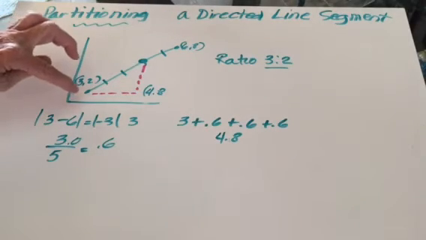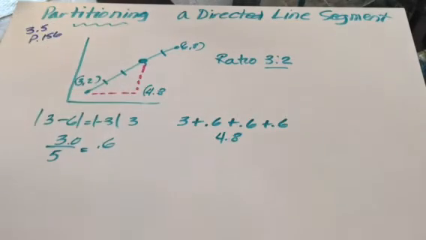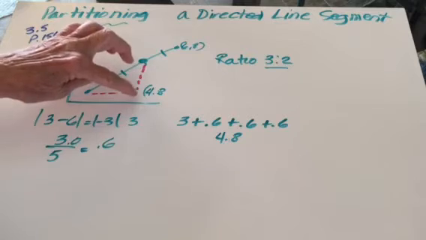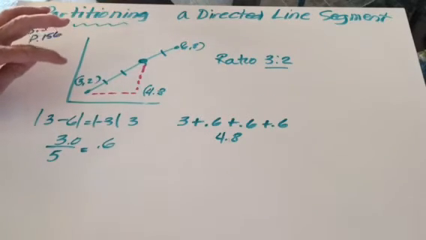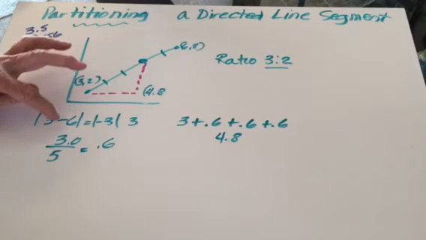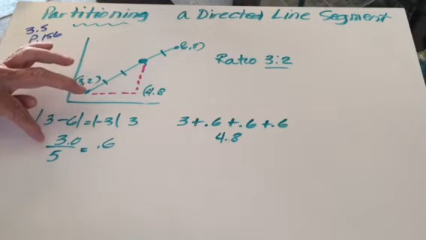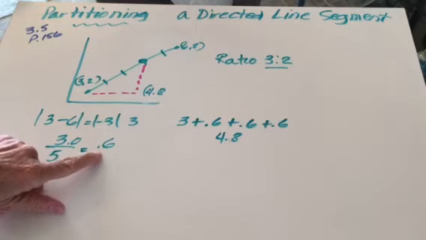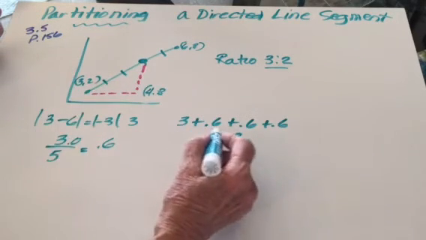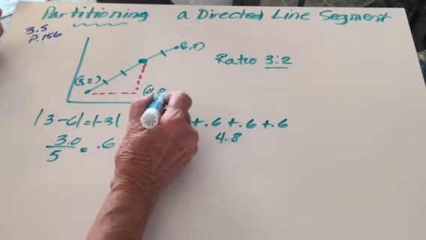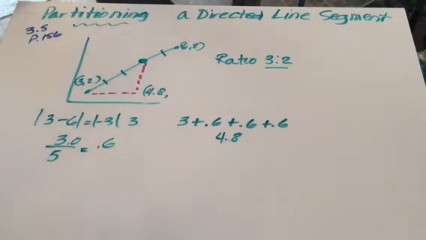How far is it from this X to this X? It was 3. I divided that into 5 sections, each section was 0.6, so I started here with 3, and I added that, and our new X value is 4.8.